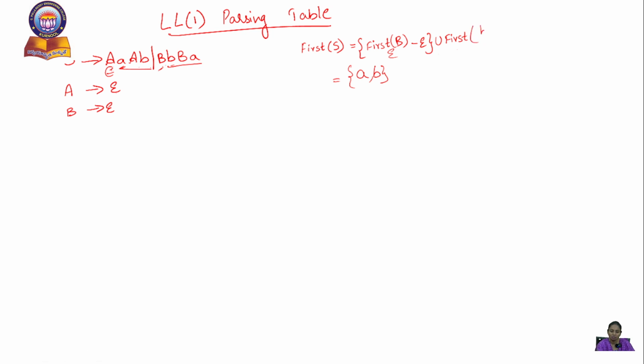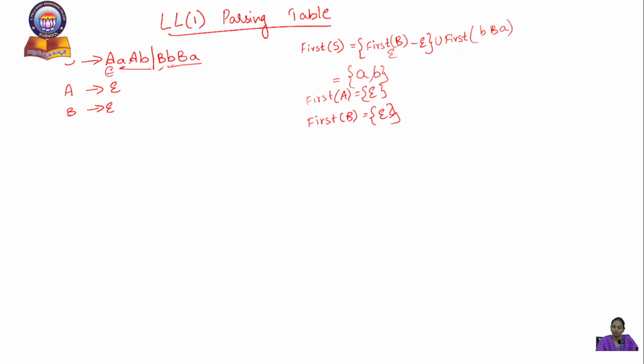For that reason I'm writing the entire production here. So the first of S will become a, b. Next, first of A will become only epsilon, and first of B also will become only epsilon. These are the first functions.